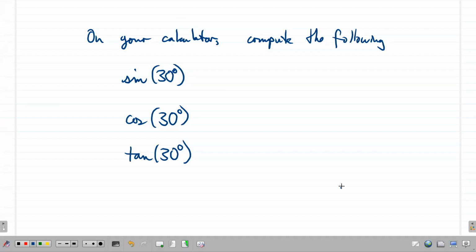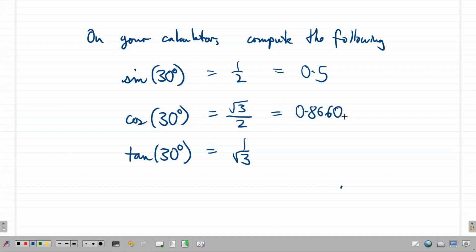The true values are a half, root 3 over 2, and 1 over root 3. In other words, sine 30 divided by cos 30. So that's 0.5, 0.866 something or other, and this last one is 0.5774, etc. Well, how does that compare to what we've just worked out on the calculator?